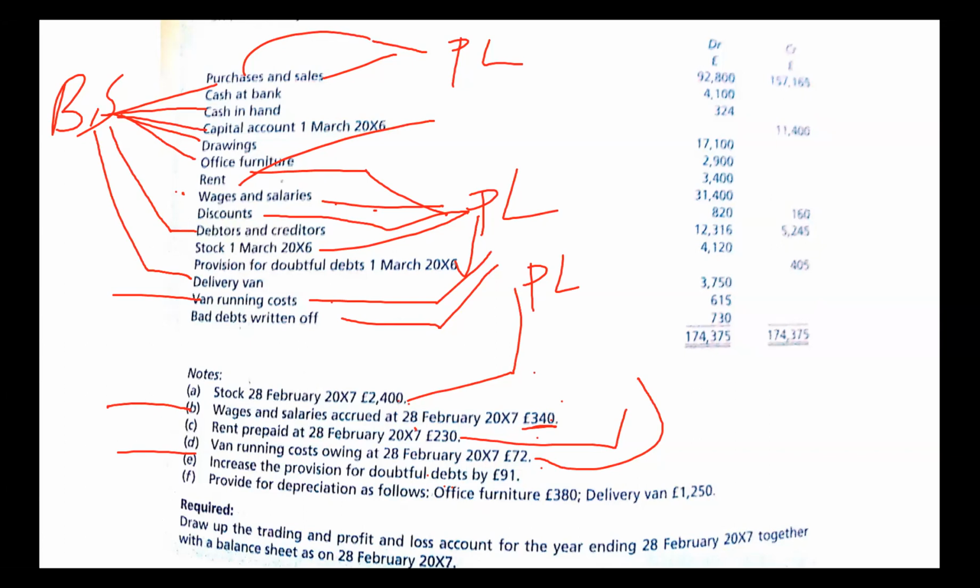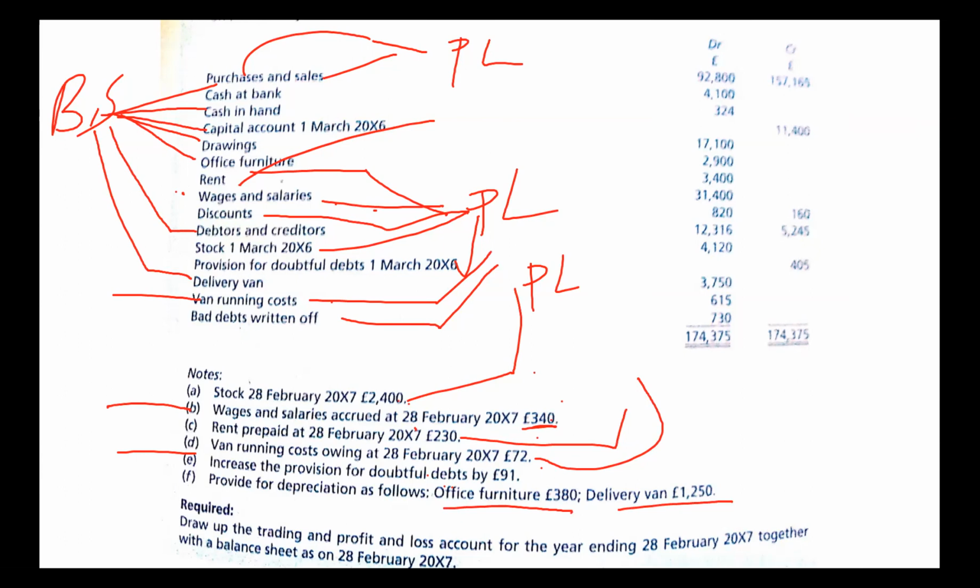We have got the provision for depreciation. We are given that depreciation for furniture was 380, and for the delivery van, the depreciation was £1,250.